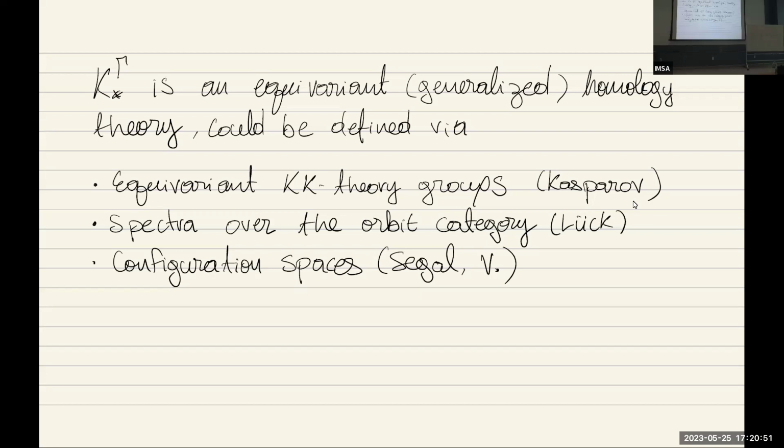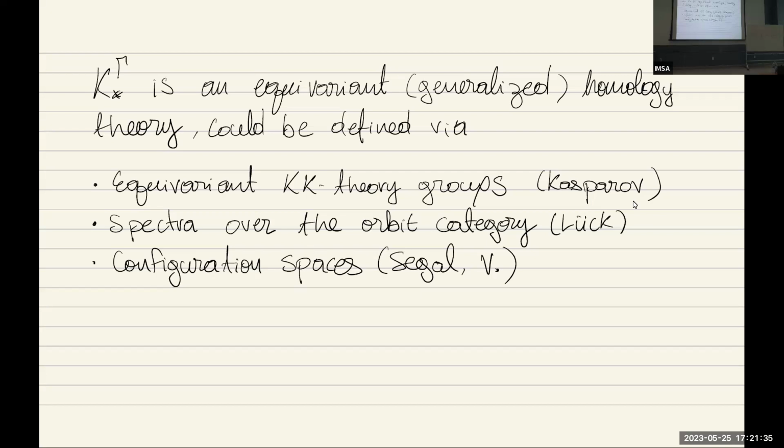Then we define gamma-equivariant generalized elliptic operators and divide by some relations. The other way is using spectra over the orbit category, a definition given by Lück. And my favorite is using configuration spaces, following, in the non-equivariant case, ideas of Adem-Gómez-Pan-Petrosyan, and in the equivariant case, by myself.